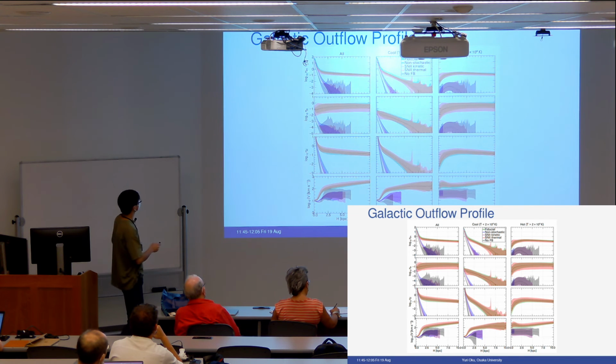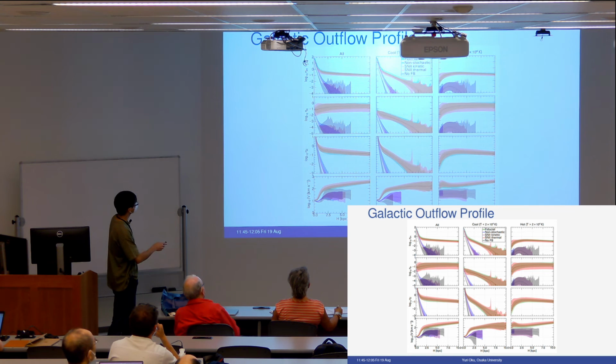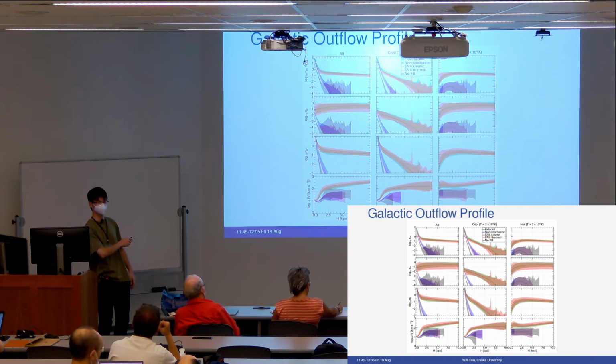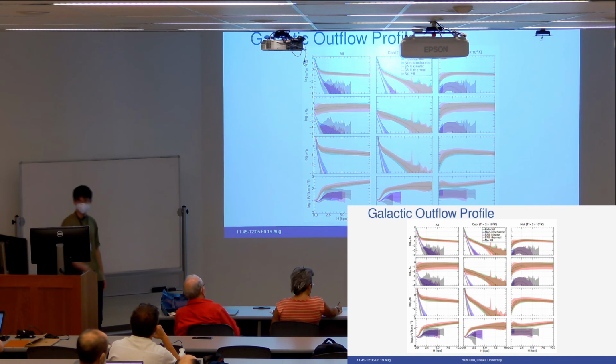For example, showing each phase, here we slightly see that with kinetic feedback, the mass loading factor is larger than in the case without kinetic feedback. Thank you.